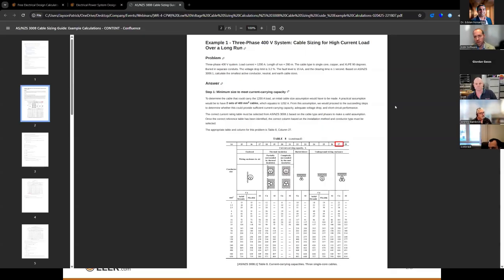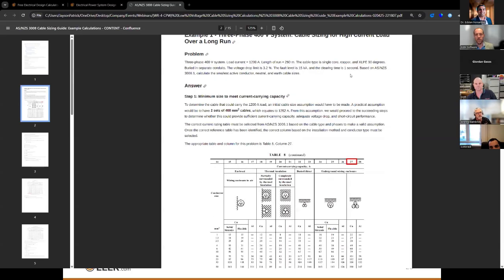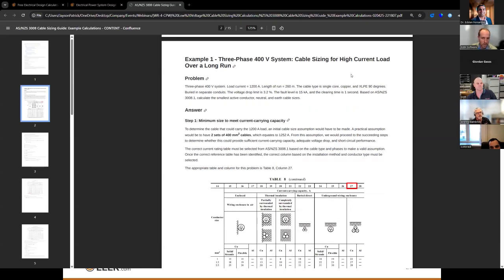So this example is a three-phase 400 volt system where the cable sizing is being performed for a high current load over a long cable run. It's 1200 amps. The length of the run is 260 meters. Single core cables, copper conductors, XLPE insulated at 90 degrees as the normal operating temperature, buried in separate ducts.